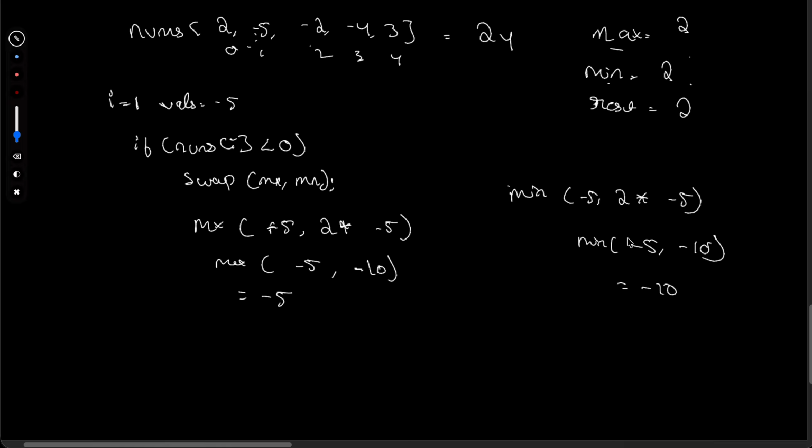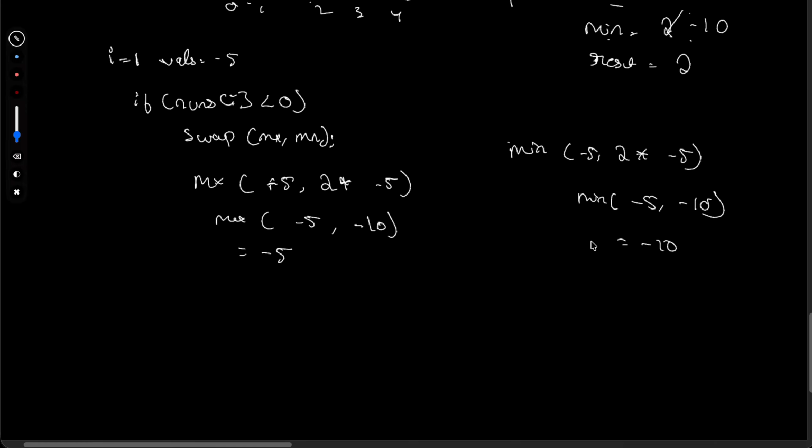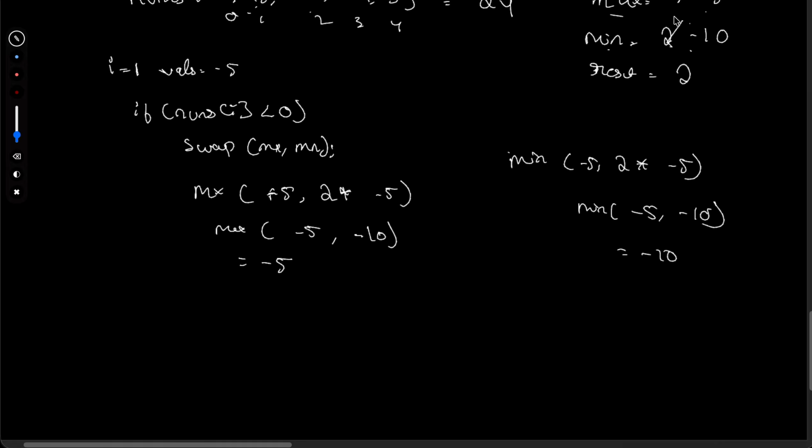Okay, now max is negative 5 and min is negative 10. Now we update the answer. Max of 2 and negative 5 is 2 only, so the result is 2.